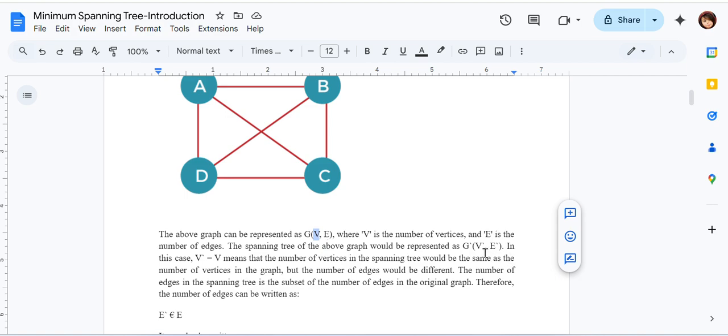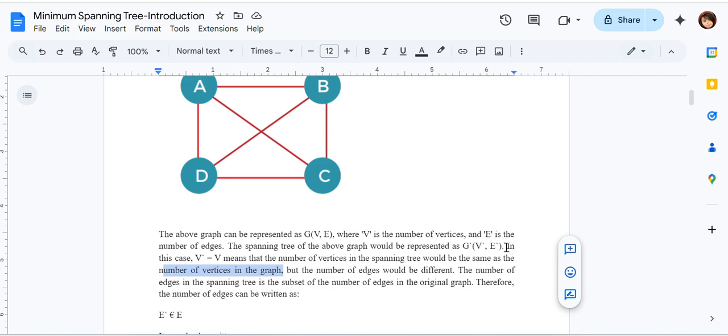But here V' and V are both the same. So the number of vertices in the spanning tree is the same as the number of vertices in the original graph. That means V' equals V.